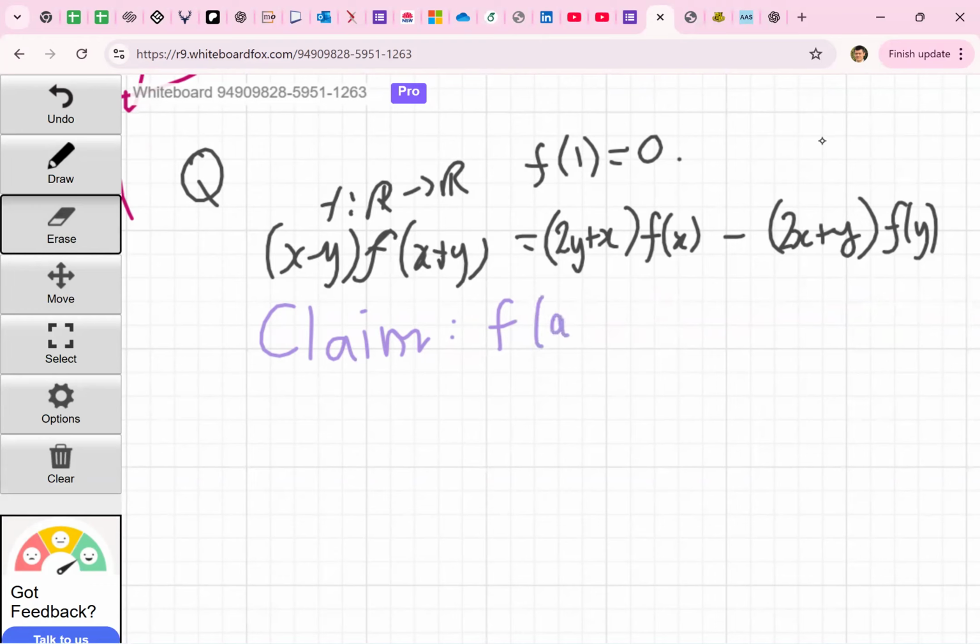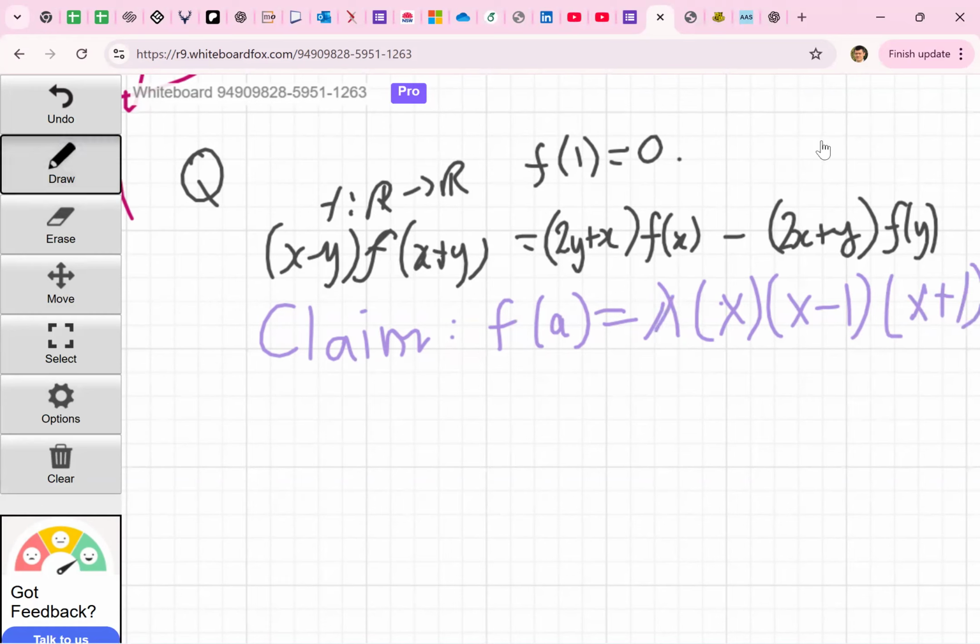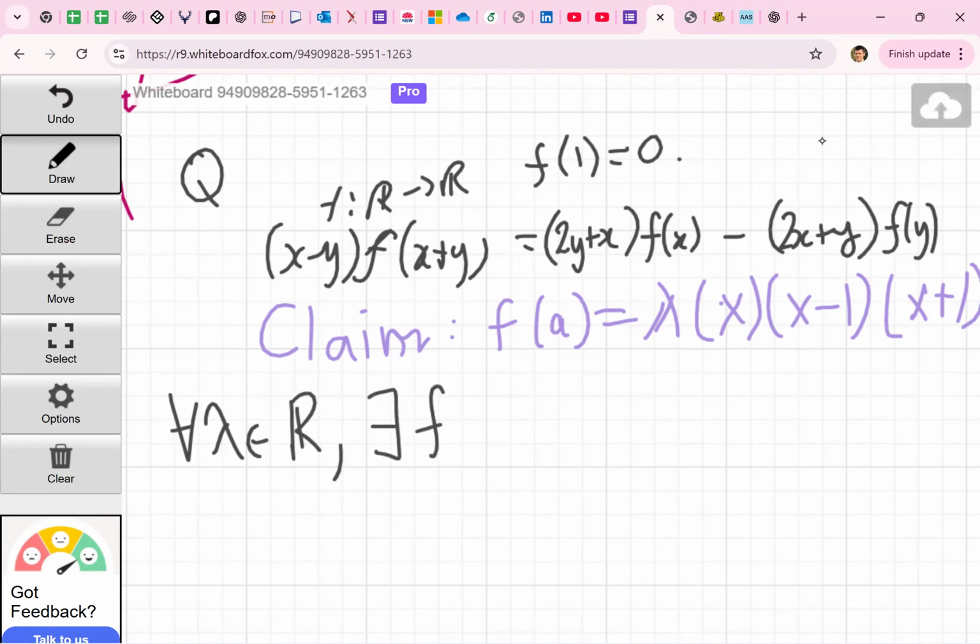So for every real lambda there exists a function f lambda, and the function is given by f lambda equals lambda times x cubed minus x for all x. That makes sense?